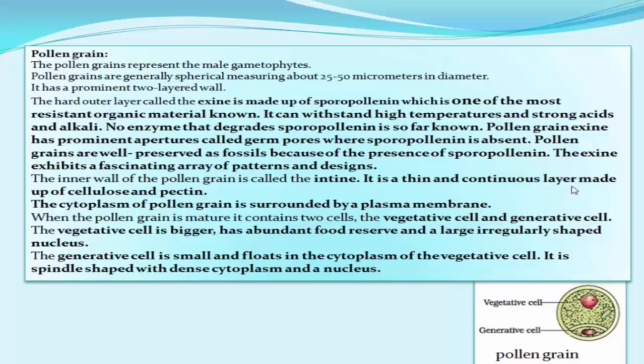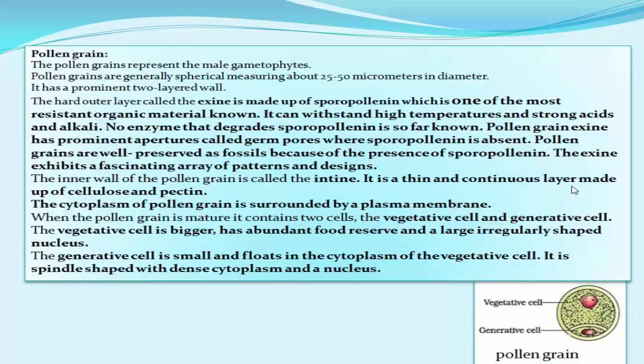And the smaller cell of the pollen grain is the generative cell, and it is floating in the cytoplasm of the vegetative cell. It is spindle shaped and contains dense cytoplasm and a single nucleus. The shape of the generative cell you need to remember: it is spindle shaped.